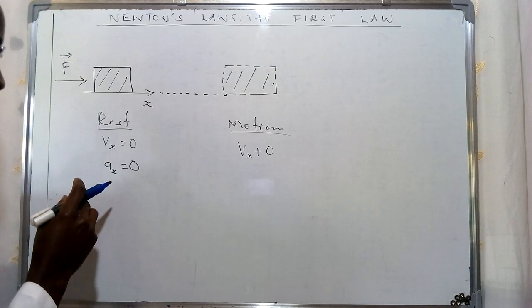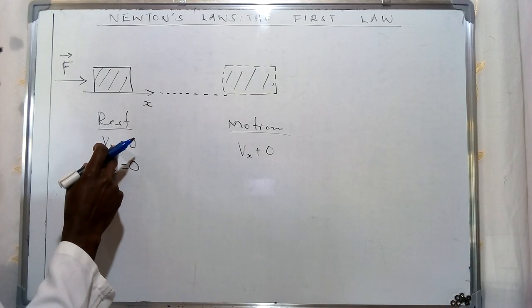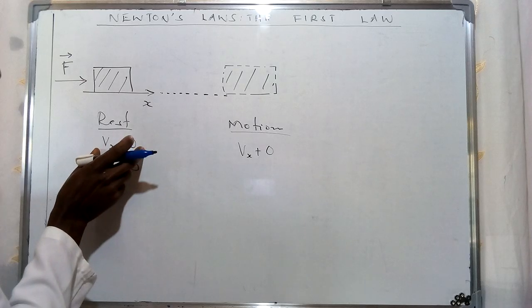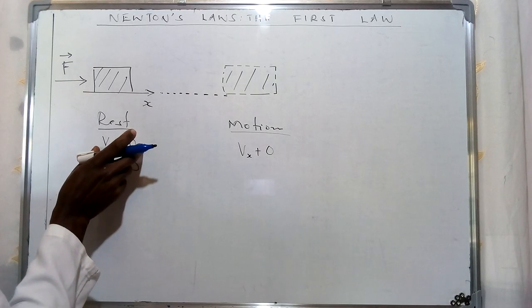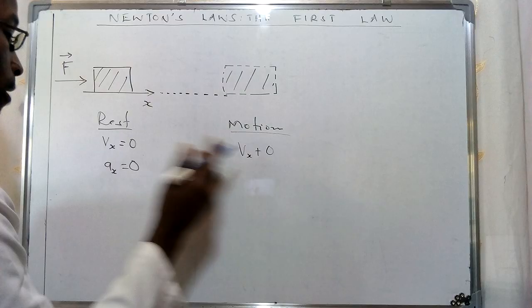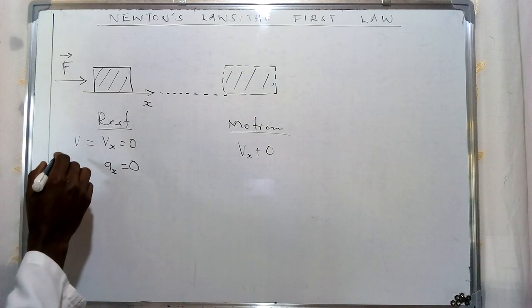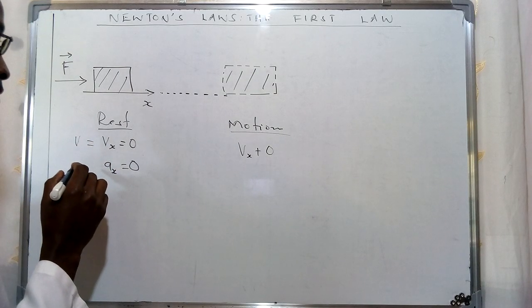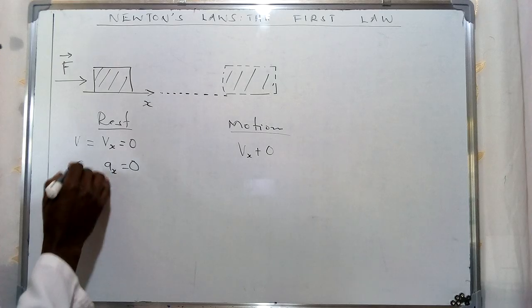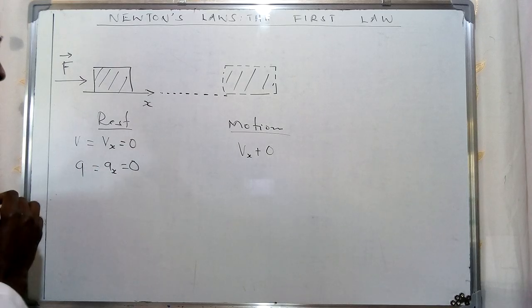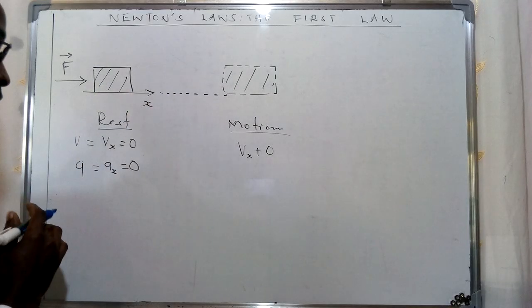So v0 is going to be the magnitude of the velocity at rest, but while in motion we shall have v not equal to 0, and we shall have acceleration along the x-axis, a_x, which is going to be 0.